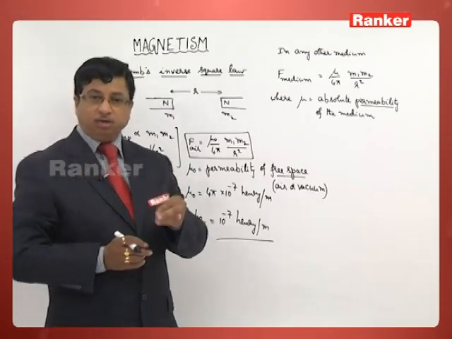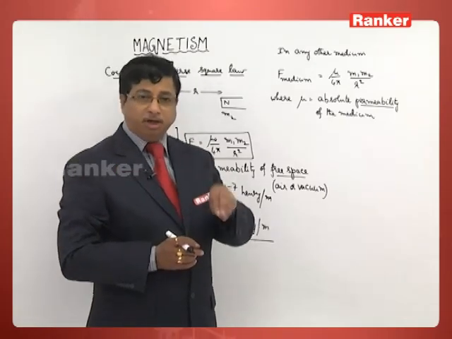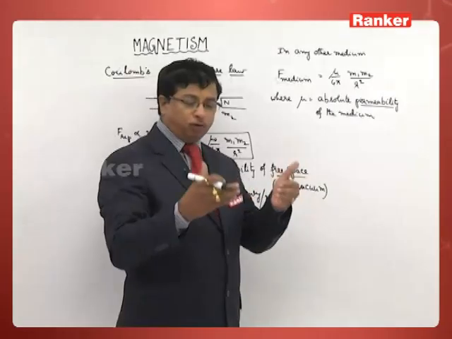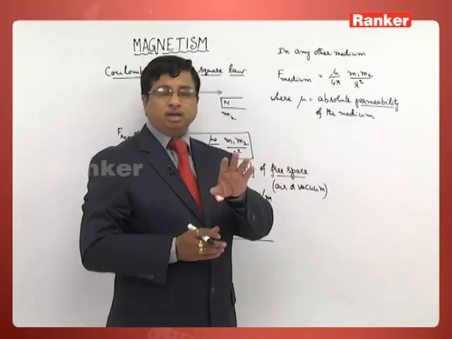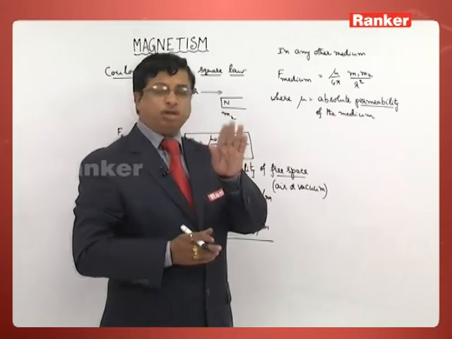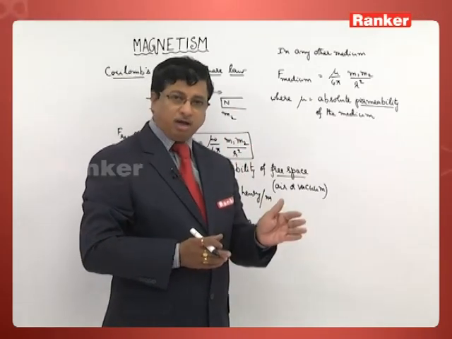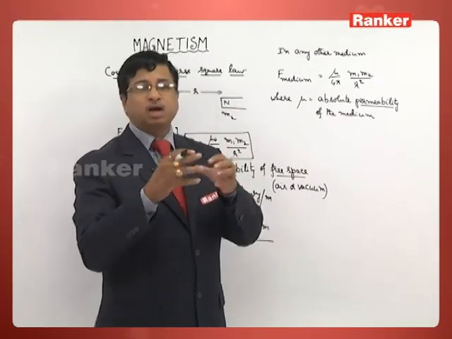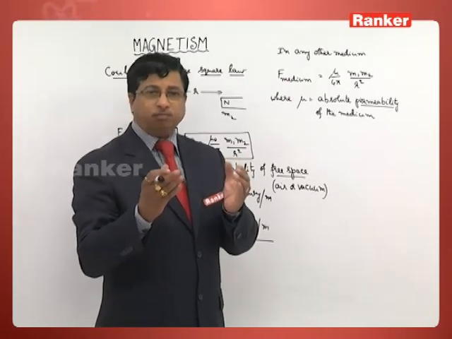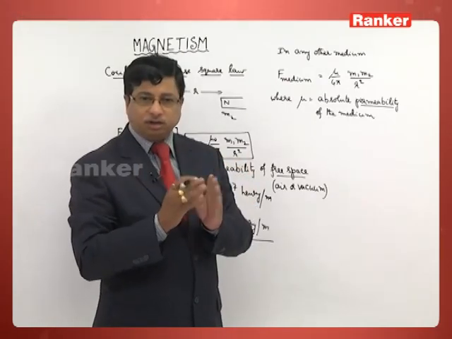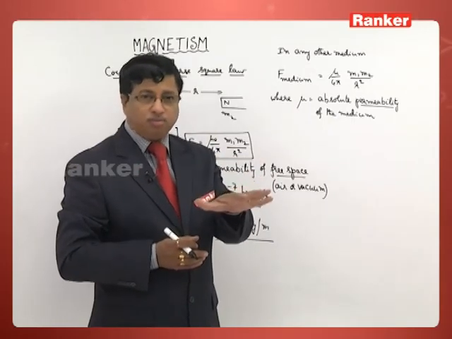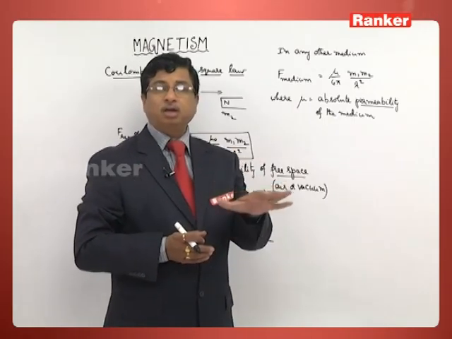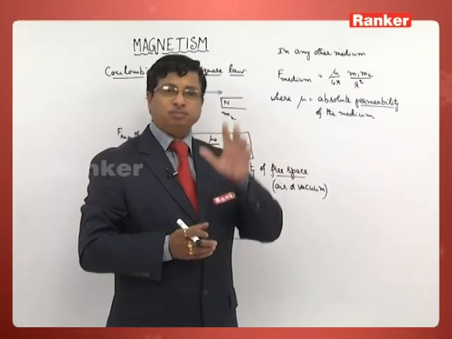The ability of the material medium to permit the lines of force to interact one with the other. The magnetic lines of force of the first magnet and the second magnet should have some sort of interaction, either when they attract each other or repel each other. Whatever be the case, the material medium should allow the magnetic lines to pass through it.